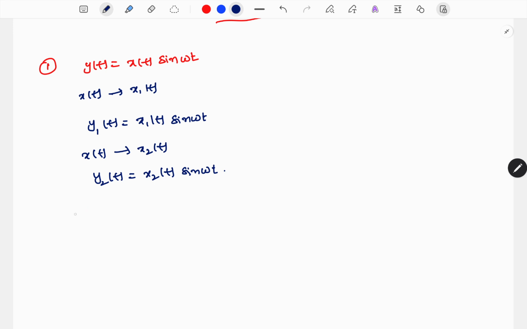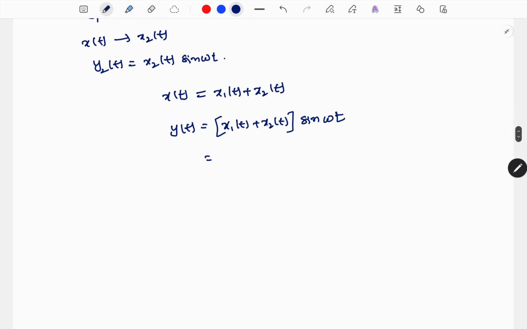Now we give the combination x1 of t plus x2 of t in place of x of t. Then the output is x1 of t plus x2 of t, multiplied by sin omega t, which gives x1 of t into sin omega t plus x2 of t into sin omega t.